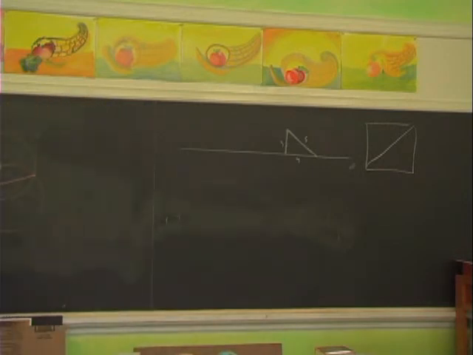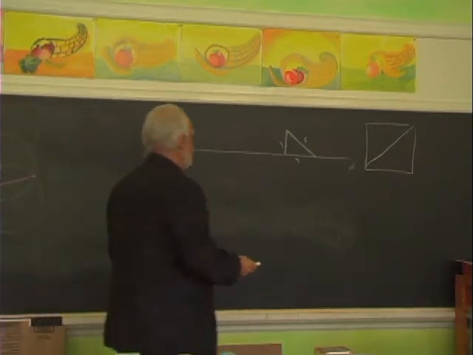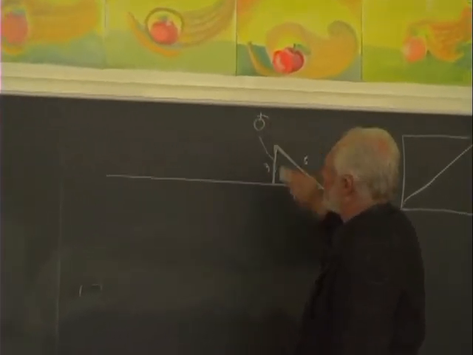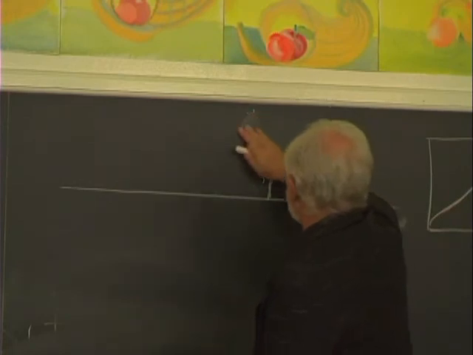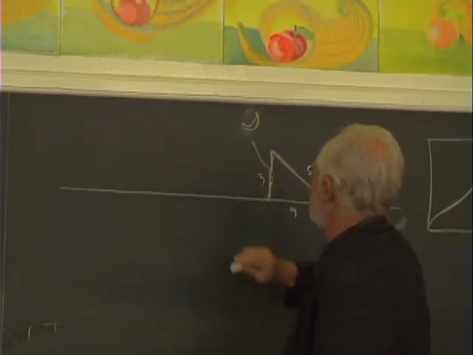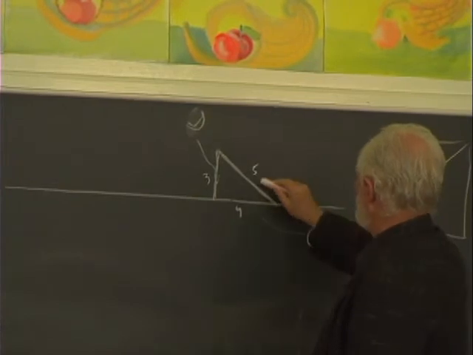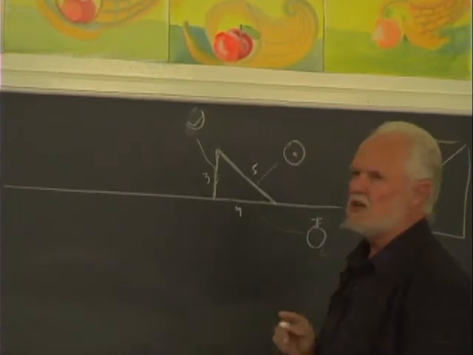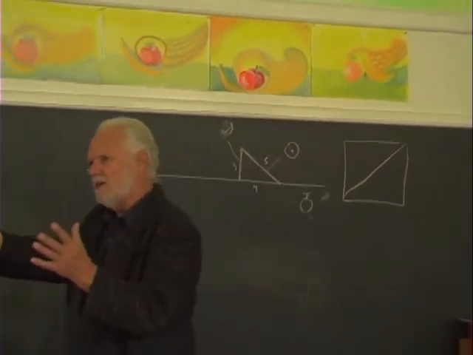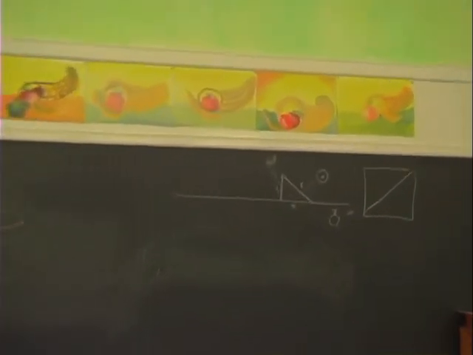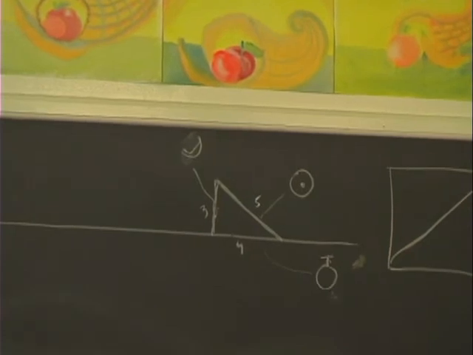You can measure it, or you can divide it up with a compass, whatever. 3 has always been considered the moon, and 4 has always been considered the earth, and 5 is always considered the sun. All throughout thousands of years, those numbers are what they considered in the Egyptian triangle.